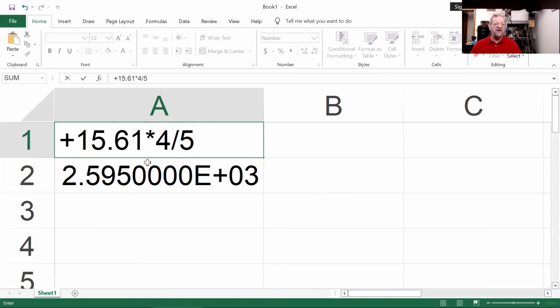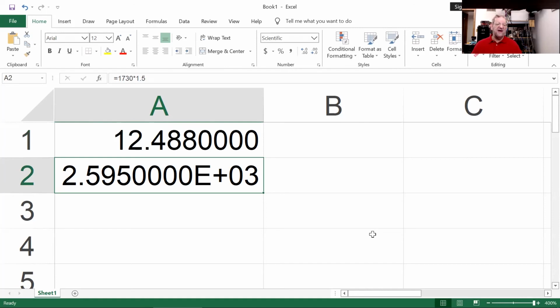Before I hit it, notice 15.61, 4 significant figures. 4 and 5 are exact numbers, so our answer should have 4 significant figures. If I hit enter, this is what my calculator gives me, so I'll let you round that off first to 4 significant figures. Your turn.